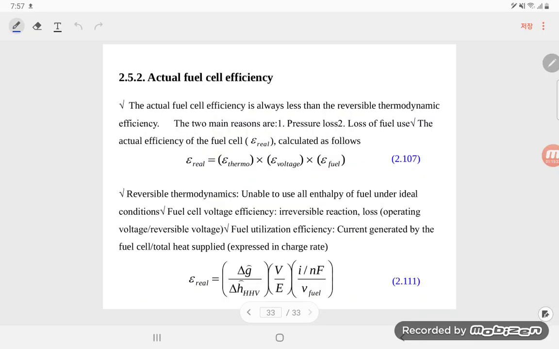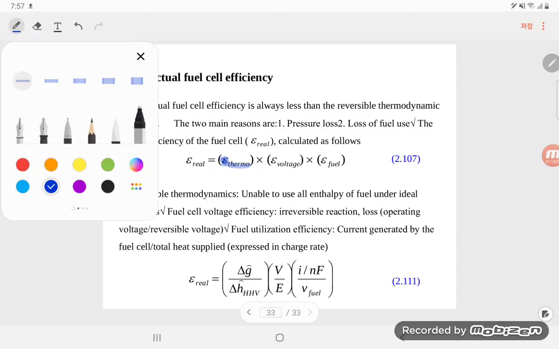And for the actual fuel cell efficiency, this is an important part. Let's take a look. Firstly, we only talked about the epsilon thermal efficiency, thermodynamically, right?